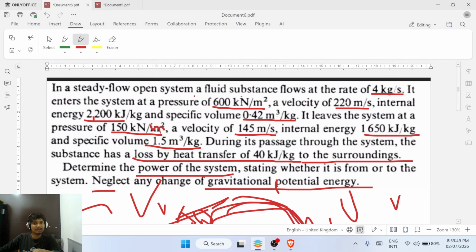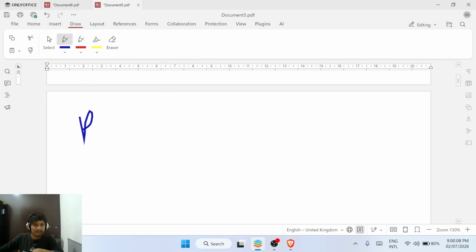Now we are going to move to the final stage. In the final stage, what is the pressure? Now it leaves the system at a pressure of 150 kilopascal. P2 is equal to 150 kilopascal.